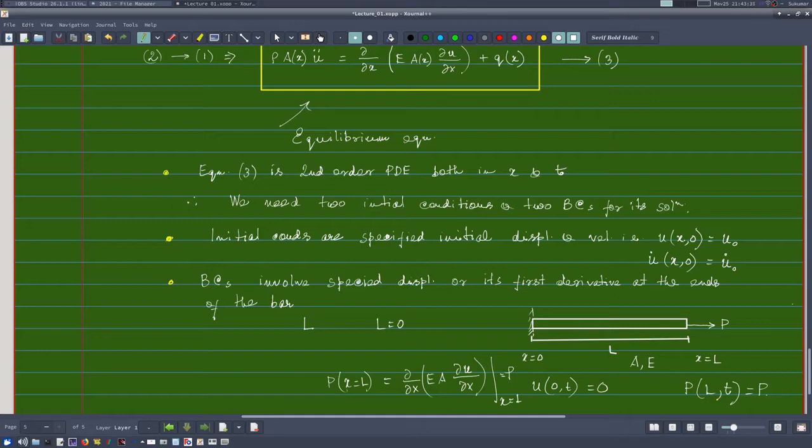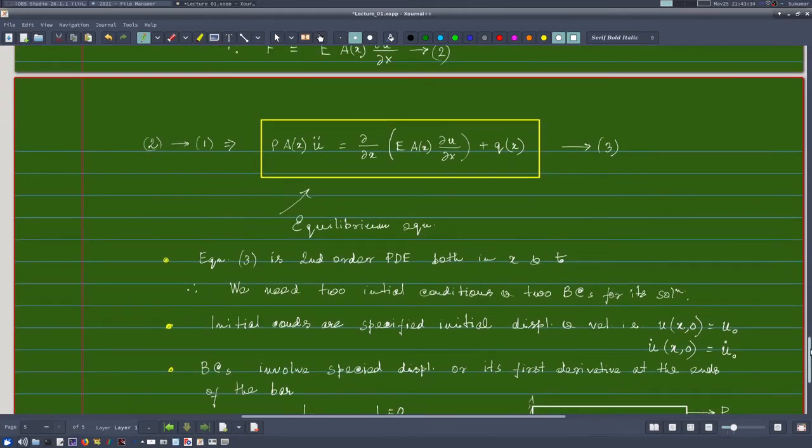And if my problem is a static problem, not a time varying problem, then this term will just cancel and everything will be a function of only x. In that case, the partial differential sign will change to total differential because it is a function of only one variable.